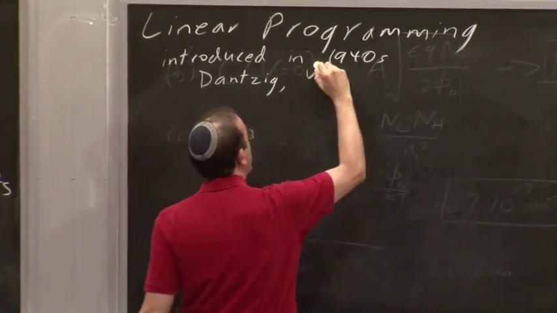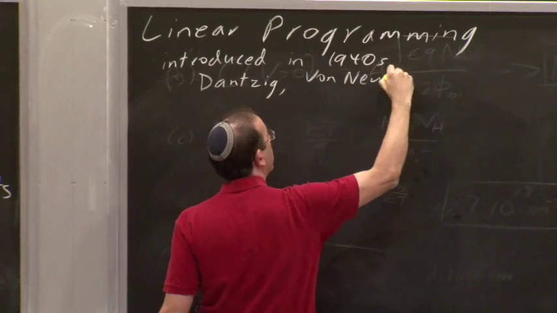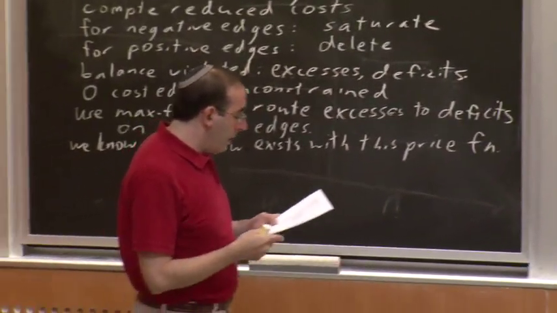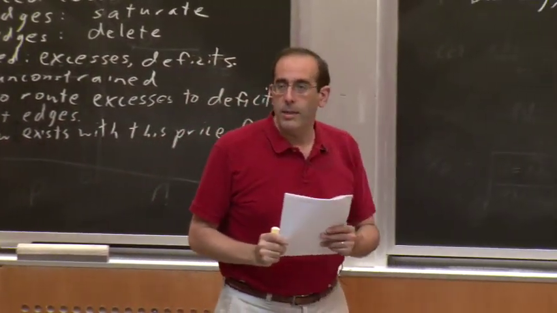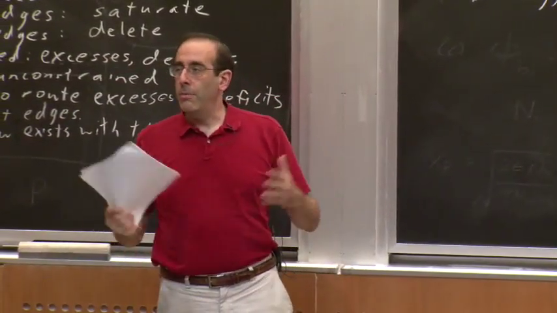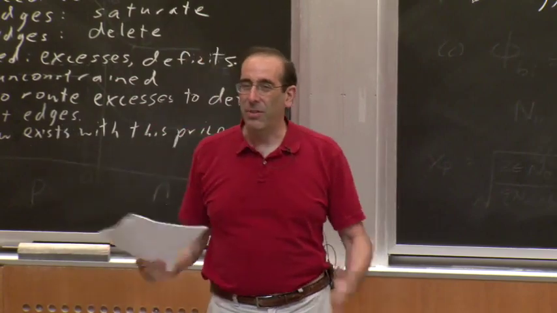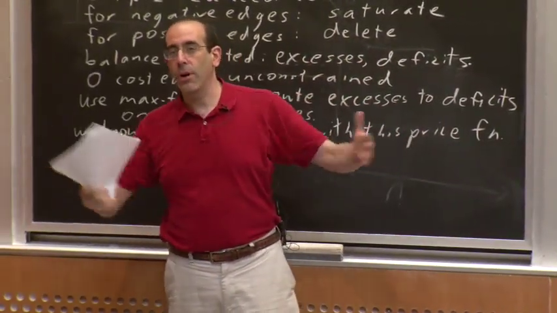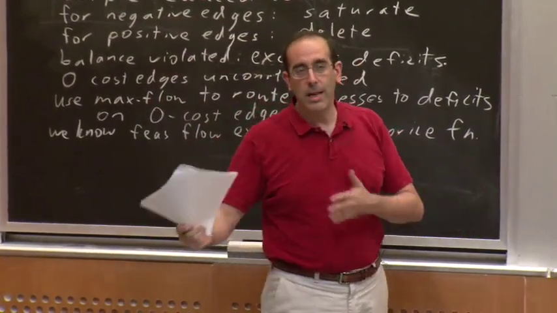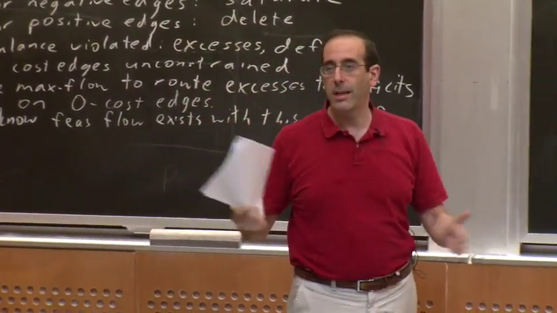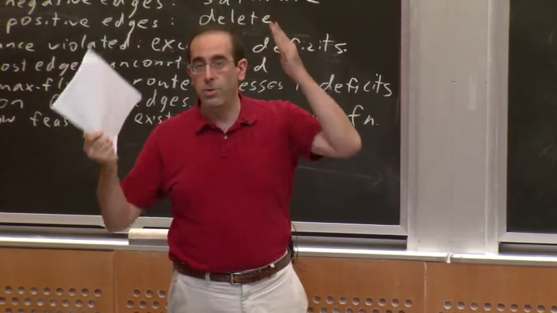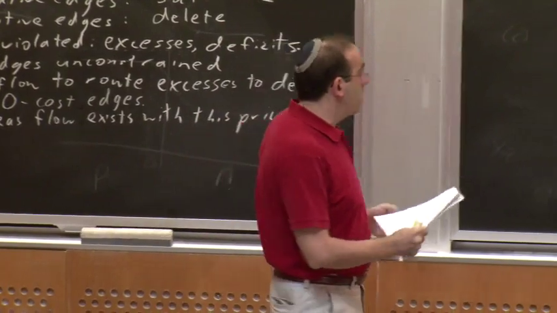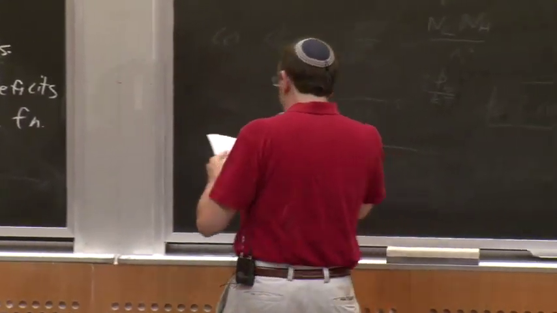But von Neumann was also involved in developing the early theories of linear programming. And as is usually the case, it was driven to a great extent by military applications. This was during World War II. They had to figure out how to ship supplies for battalions in various places, how to best use transportation networks to get stuff where it needed to go, how to destroy the Russian railway network, and so forth. Okay, so these people were working on it.